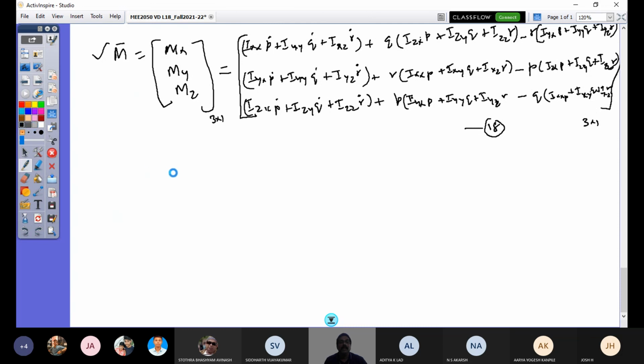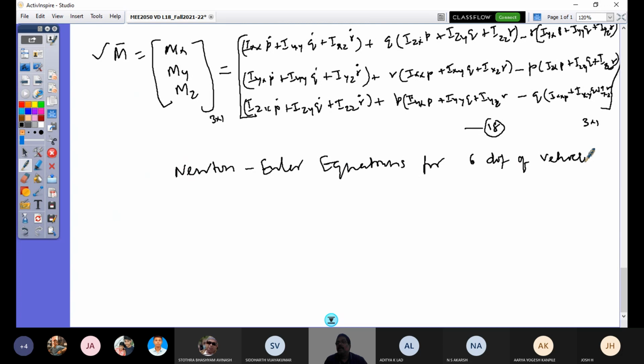So this equation is the Newton-Euler equation for 6 DOF of a vehicle in space for its 3D motion.